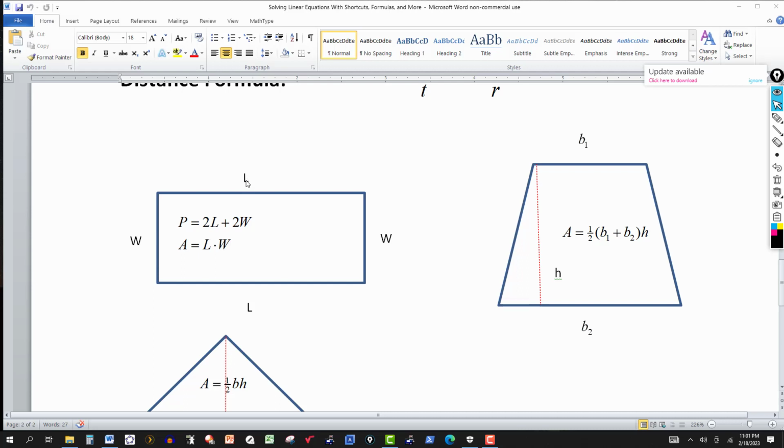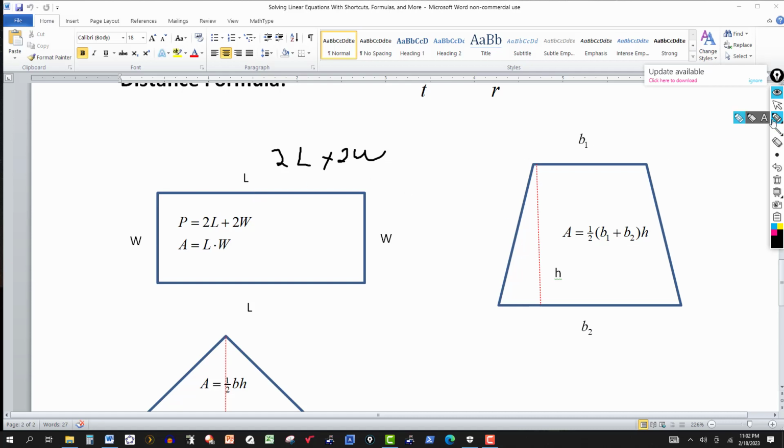So I have L plus L is 2L. And then W plus W is 2W. If I add up all four sides, that gives me the distance around the rectangle, which is the perimeter. That's how we get this.